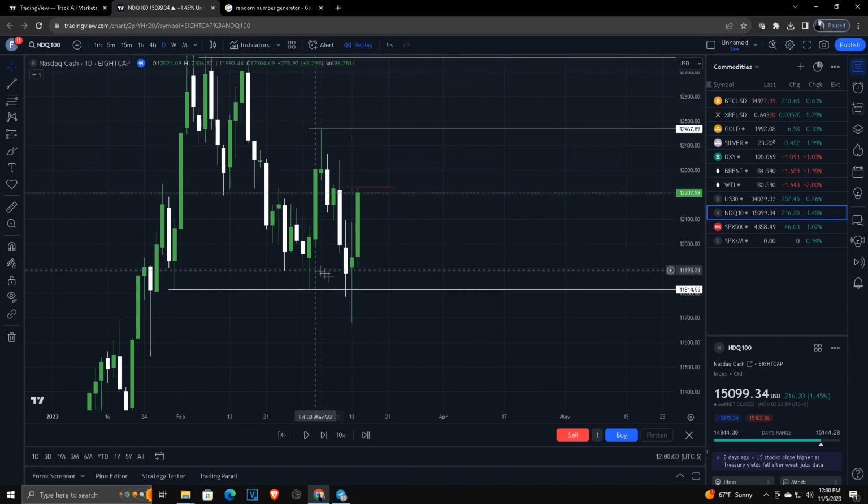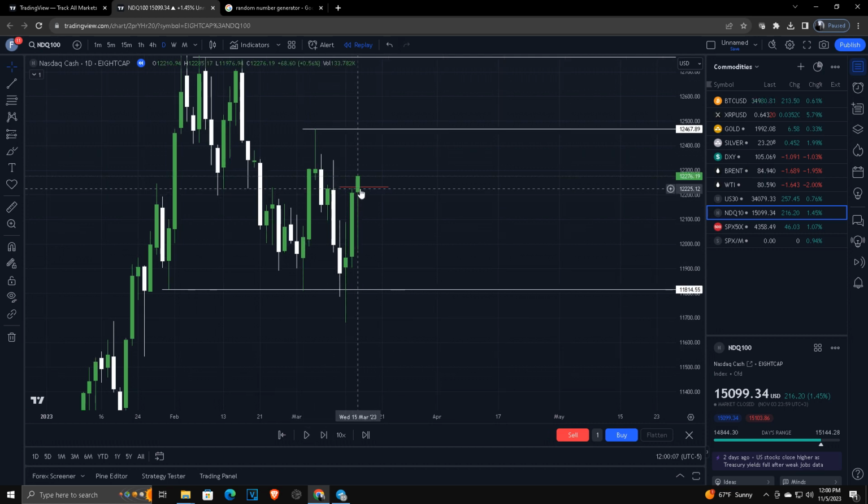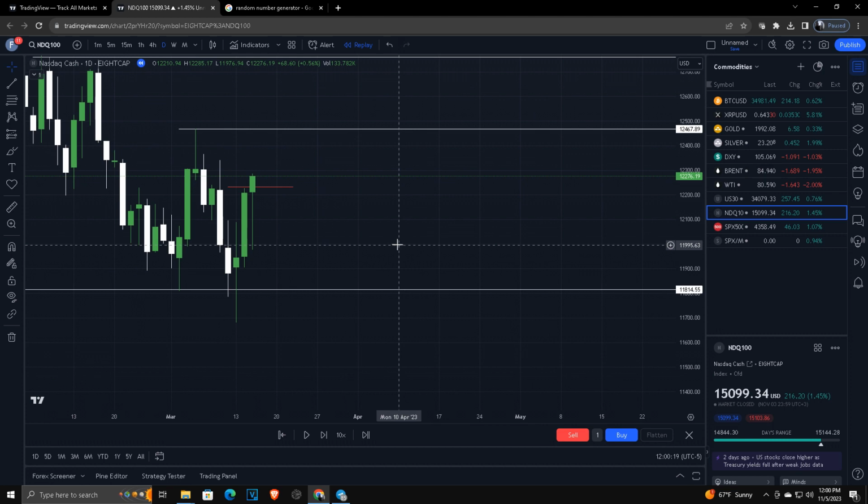So I'm going to play one day. Okay, we wicked down really low, but we did take out that high, and that would be that Judas swing, and that's part of the ICT concept that you hear about, taking the swing low on a bullish day. So you're looking to get in on the lowest point to go long, and you want to go short on the highest point.